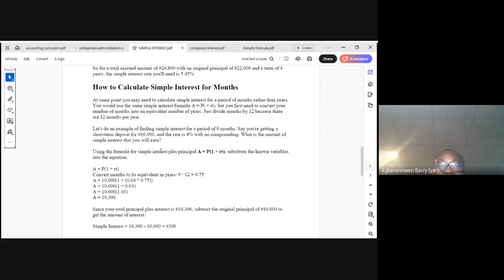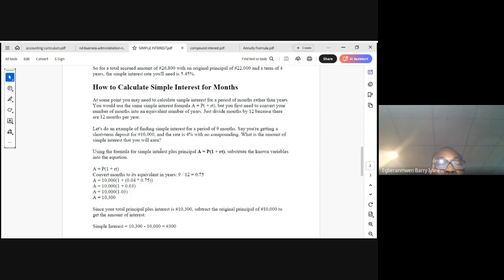Remember, A is principal plus interest. Now the question says we should look for the interest, not the amount. Here we have solved to get the amount, 10,300. How do you now get the interest? A is principal plus interest. So what do we do? You subtract the principal from the amount.